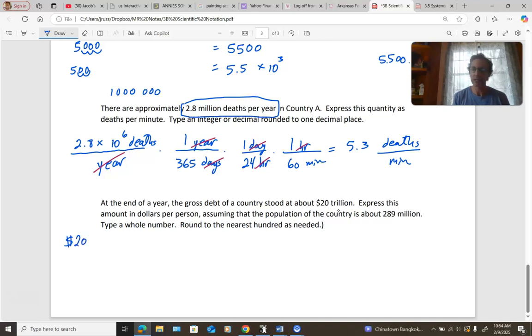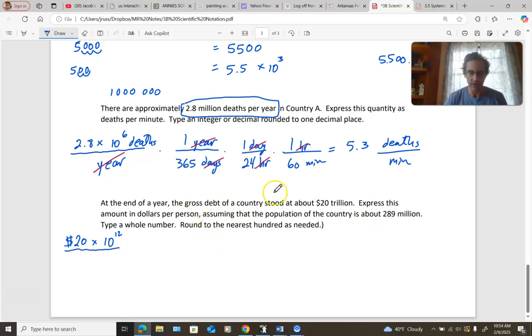So I'm going to express that as a power of 10. A trillion, remember they go in threes, guys. So you got 1,000, then you got a million, then you got a billion, then you got a trillion. So that's going to be 4 groups of 3 zeros. So that's going to be 10 to the 12th power. $20 trillion per.